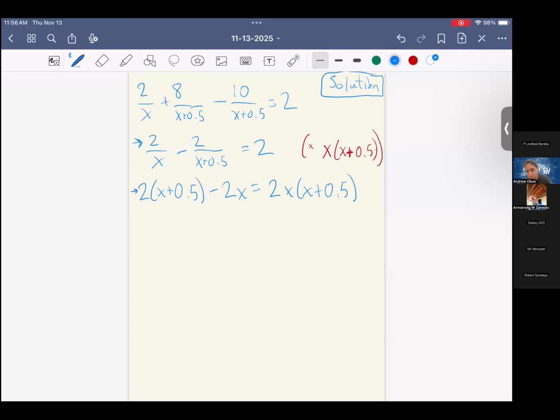Now this is really just simplifying, and we'll end up with a relatively simple quadratic. So this gives us 2x plus 2 times 0.5, that's 1.